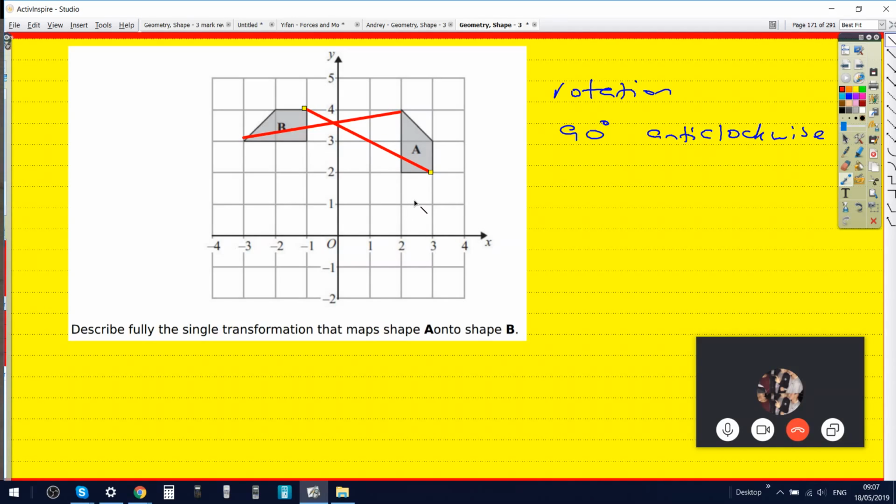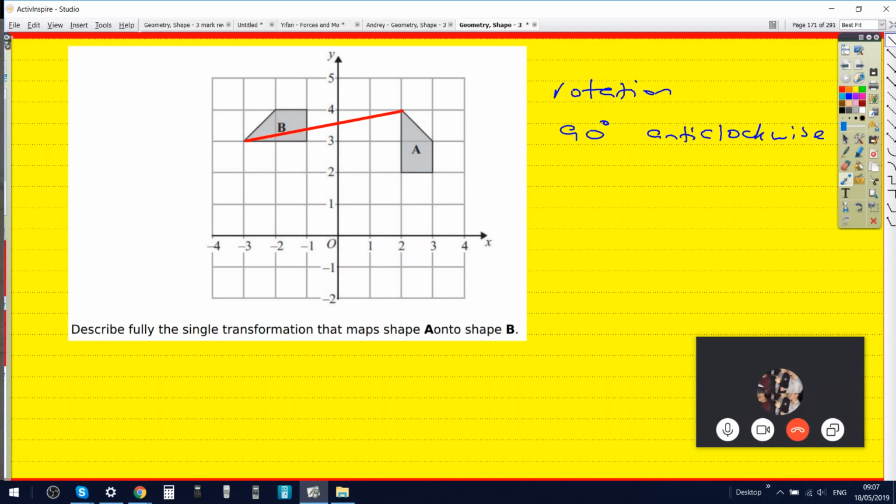So the center of rotation like 0, 3.5. I don't think so. Hang on. Where does it look like it would be? It looks like it's kind of 1, 2 or something, is it? Where else?